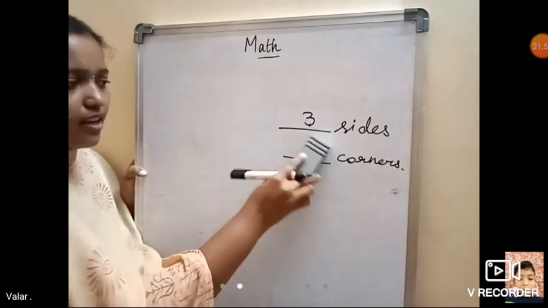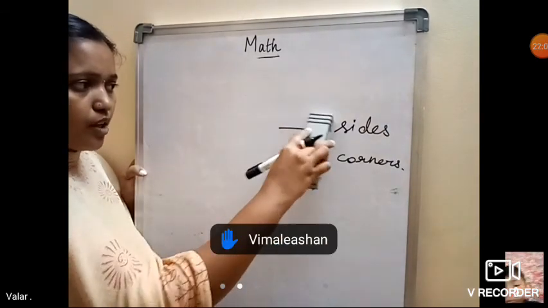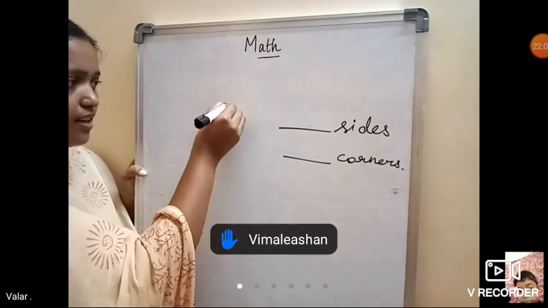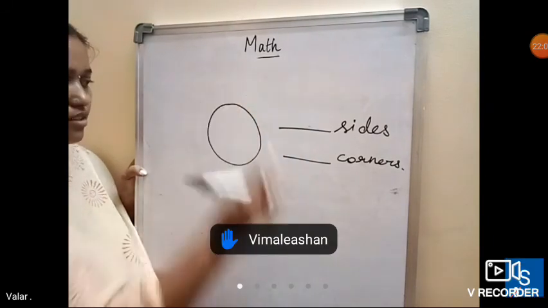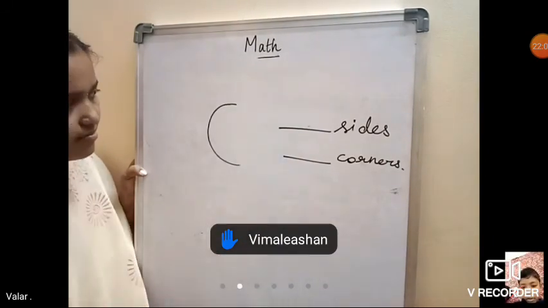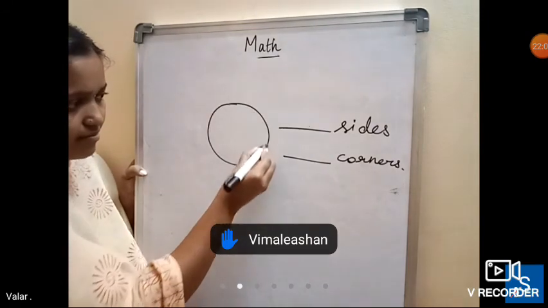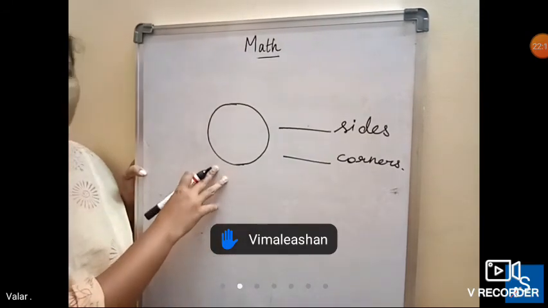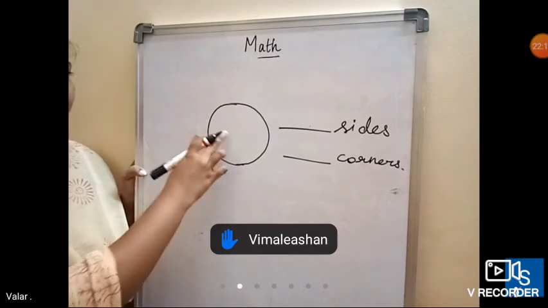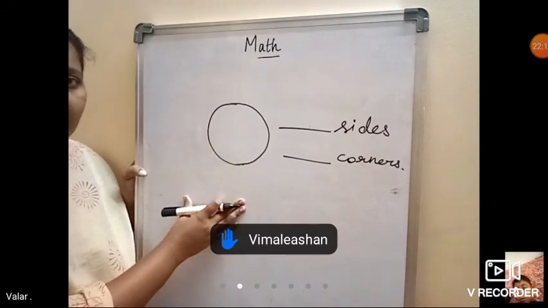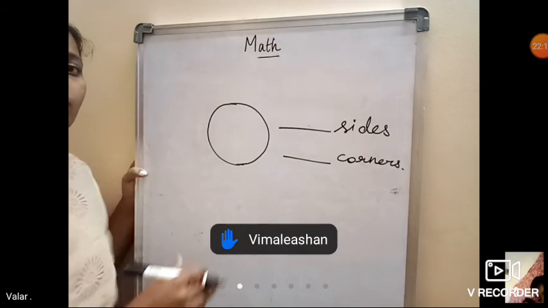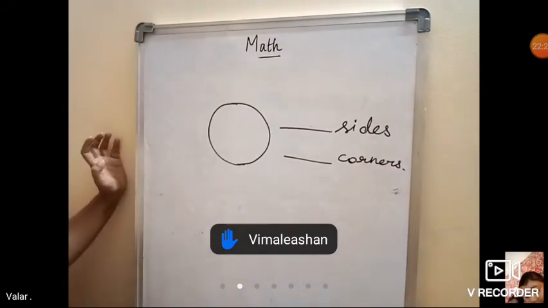Next we will see circle. Okay, now you can see a circle. You just check whether any straight line is there. Only if a straight line is there will we get a side.